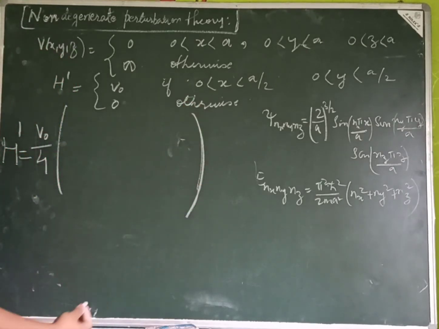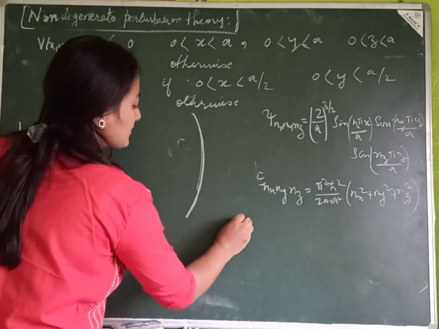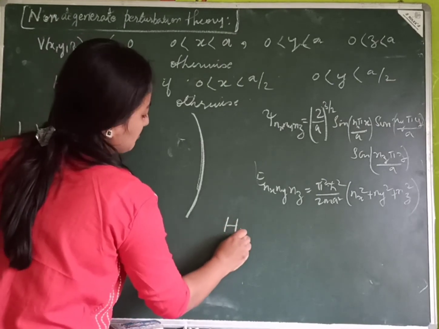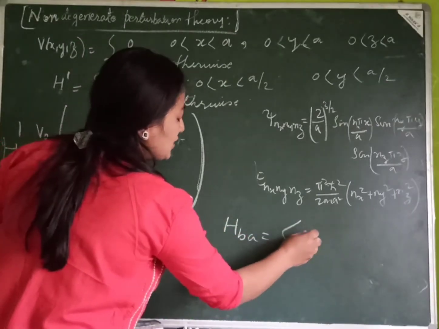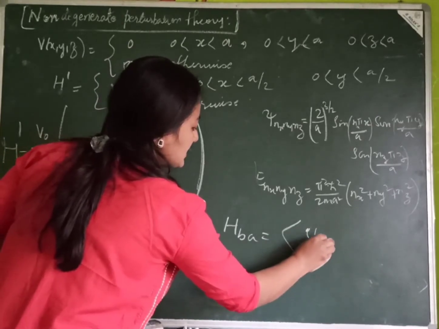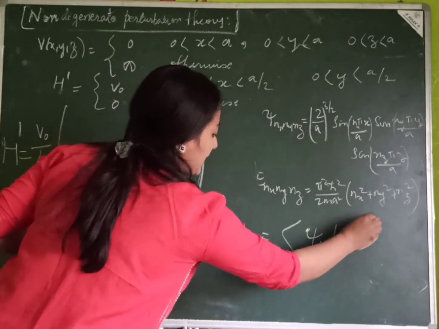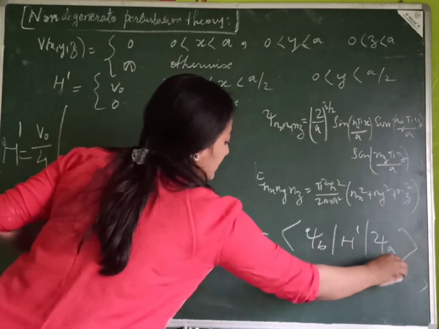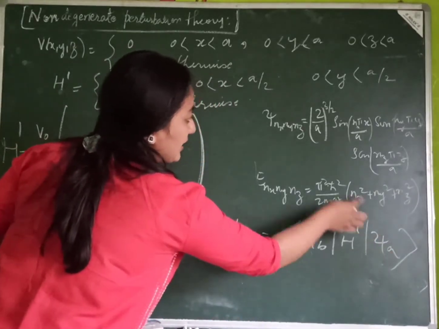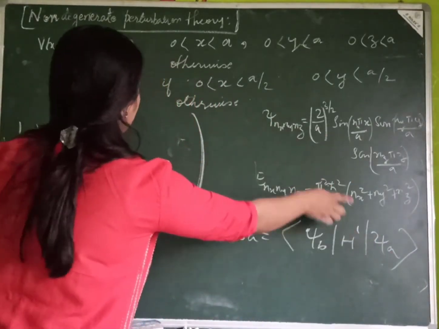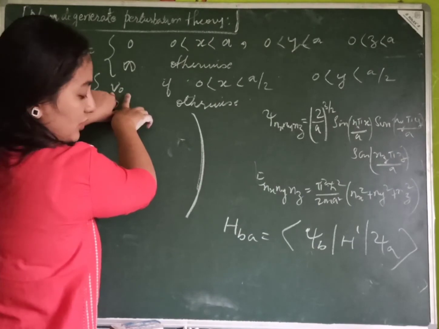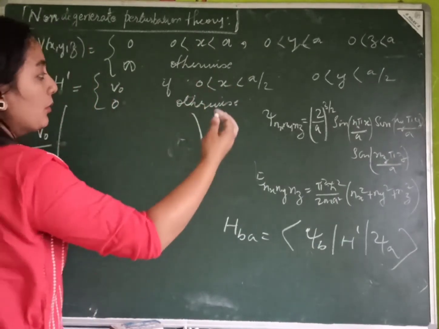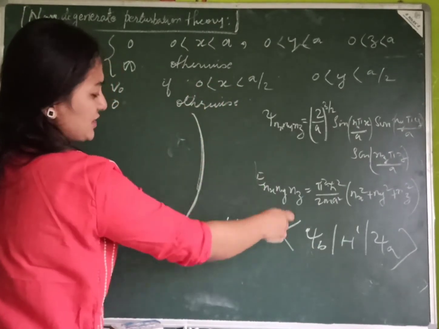I need to calculate all the matrix elements. Calculating the matrix elements is easy. If I am calculating, say, H_BA, I just need to find ⟨ψB|H'|ψA⟩. ψB and ψA I am going to get from here. My H prime is already mentioned, which is V0. And I should be using proper integration limits.